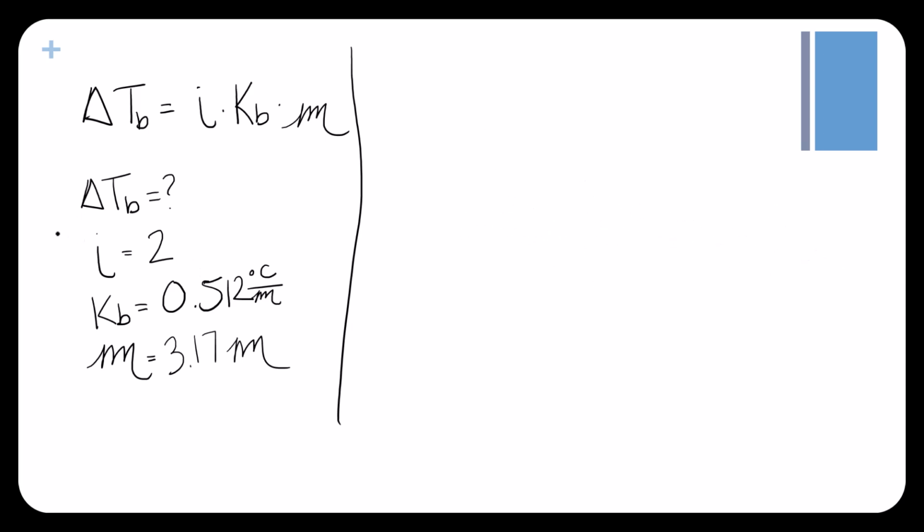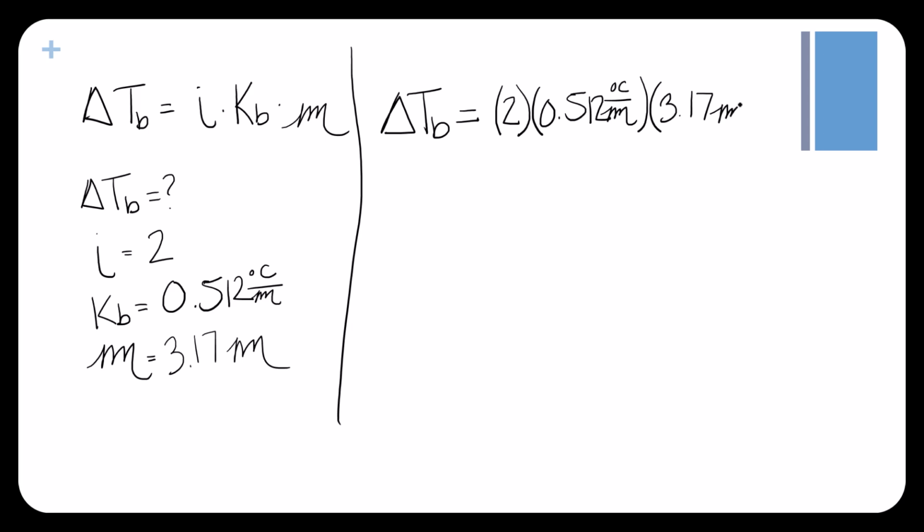All right. To calculate the change in the boiling point, we are going to take the Van't Hoff factor, which is 2, times the boiling point constant, 0.512 degrees Celsius per molal, times the molality, which is 3.17.